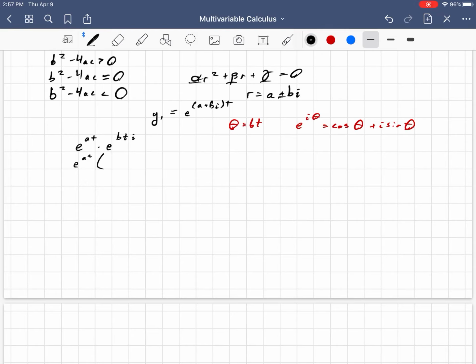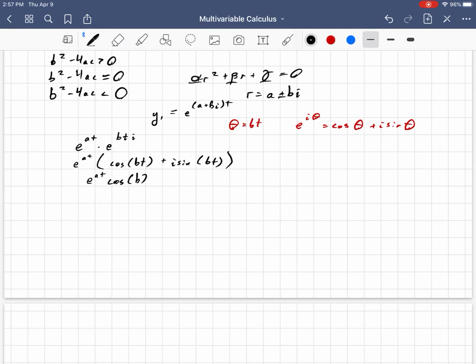So this is e to the at times the cosine of bt plus i times the sine of bt.